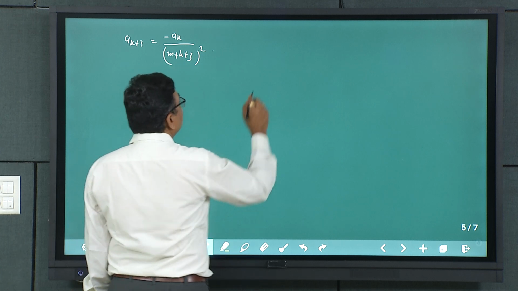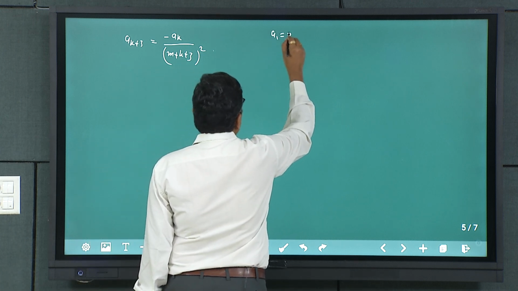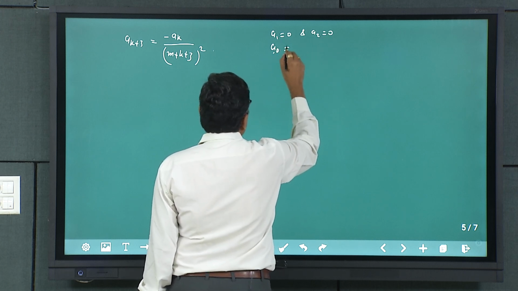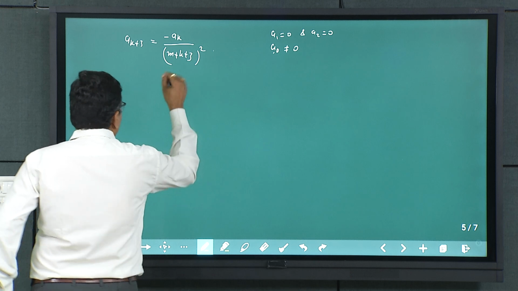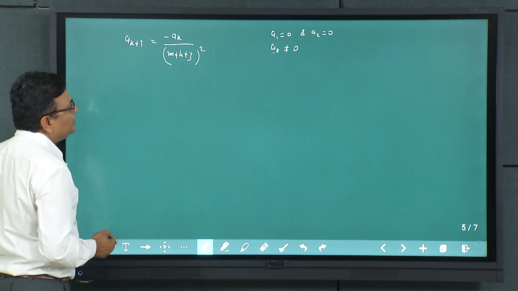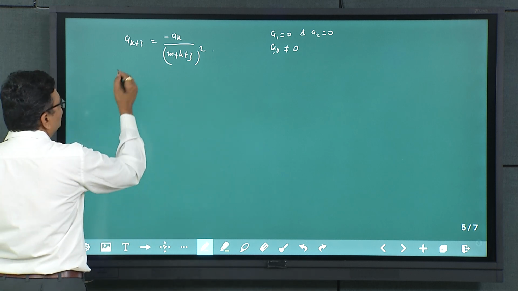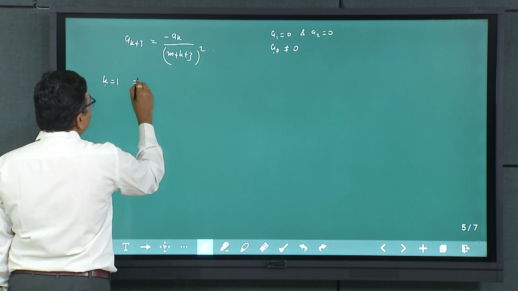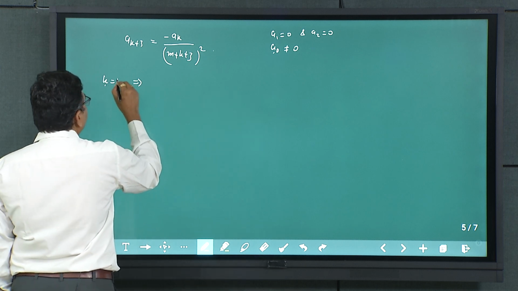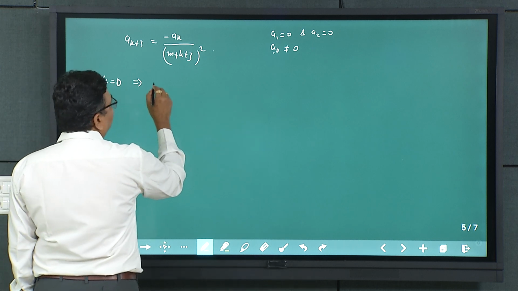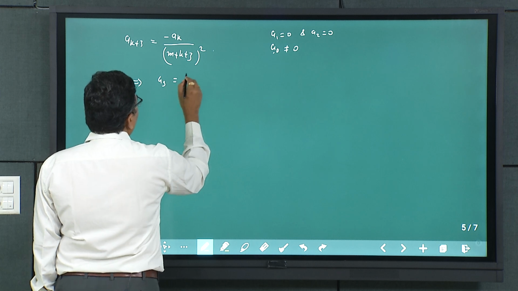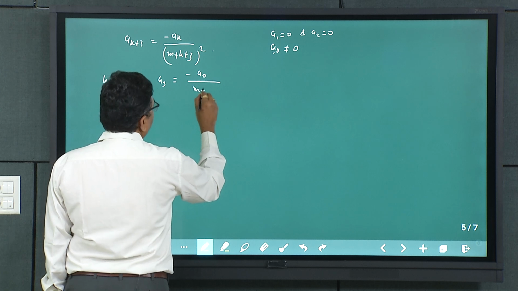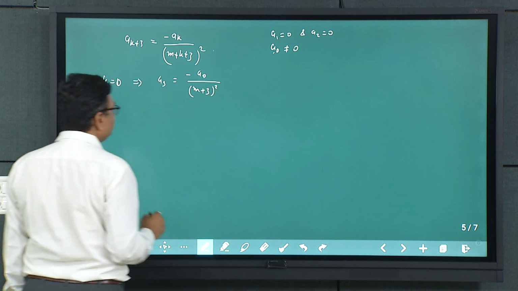The other information we had was that a1 equal to 0 and a2 is equal to 0 and we take a0 is not equal to 0, right. Now from the recurrence relation let us find the other coefficients. a1 and a2 are done, right. So take k is equal to 0, so a3 is equal to minus a0 upon (m+3) whole square, right.